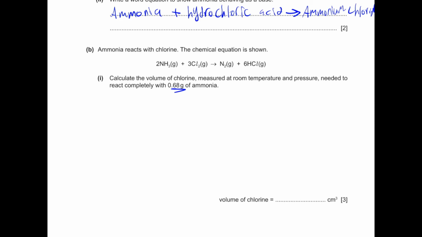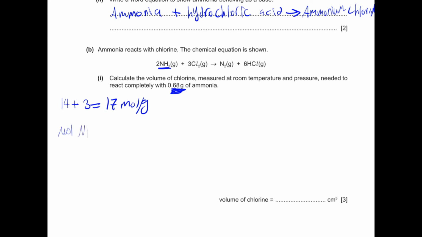So we have the mass of ammonia over here, and we can get the molar mass. So the molar mass of nitrogen is 14, and we have 3 hydrogens, so we're gonna add 3, that's 17, and this is gram per mole. This is the molar mass of ammonia, and we're gonna use this to find the moles of ammonia.